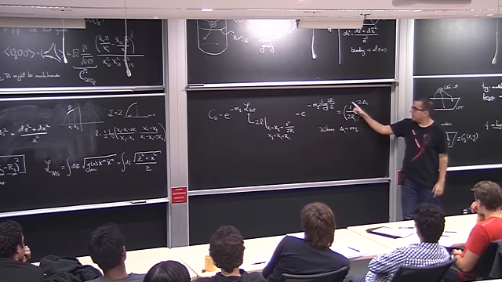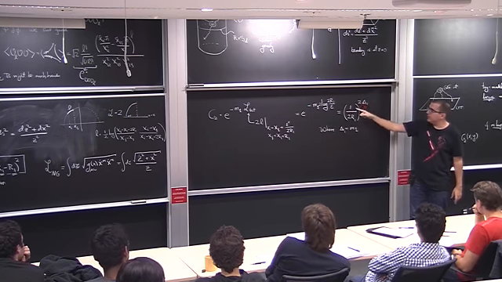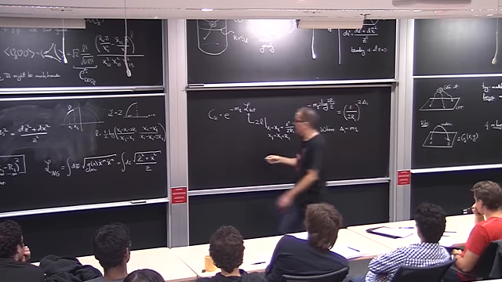So the fact that we get some epsilon to some power, you can say that this is just the definition of my renormalized operator.